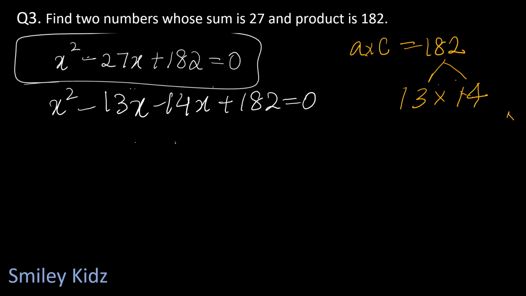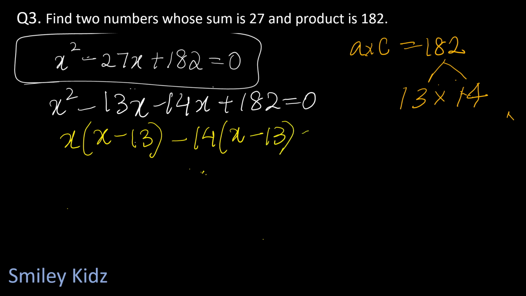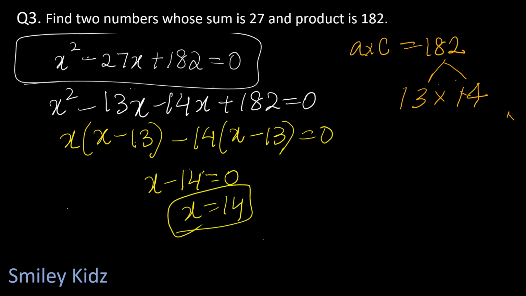Now take out something common from both the sets. We get x into x minus 13 minus 14 into x minus 13 equals 0. x minus 14 equals 0, x is equal to 14. x minus 13 equals 0, x is equal to 13.